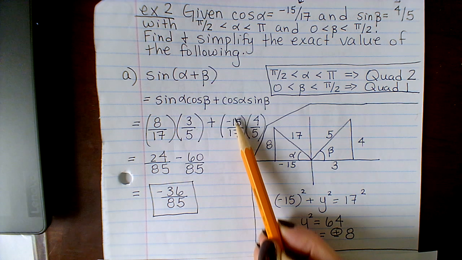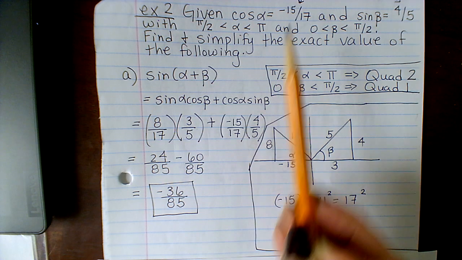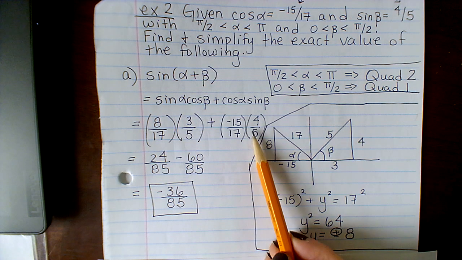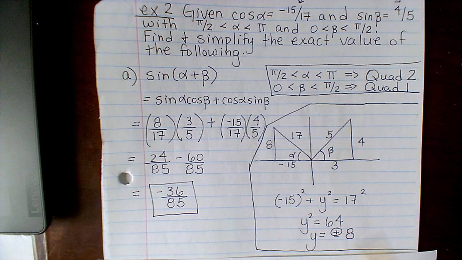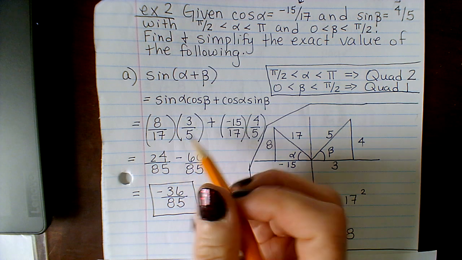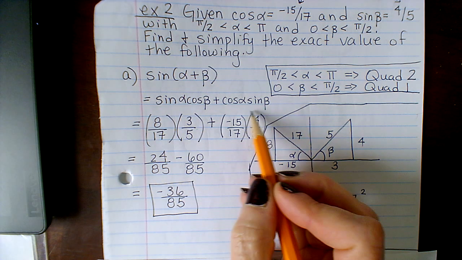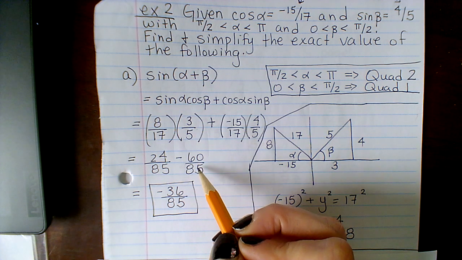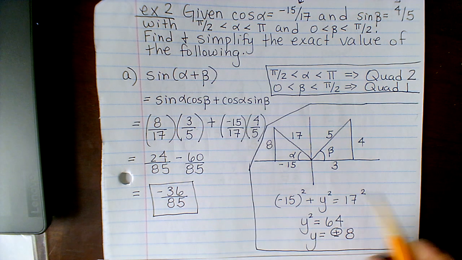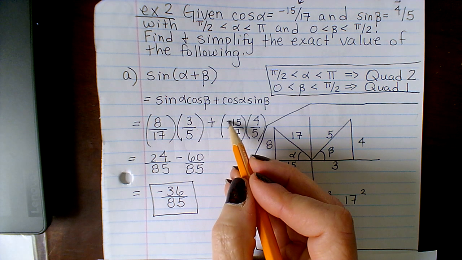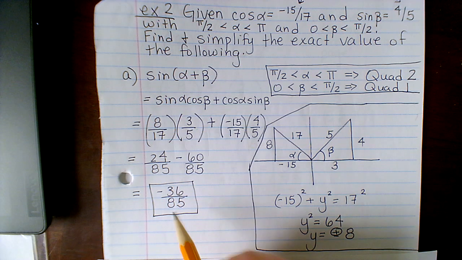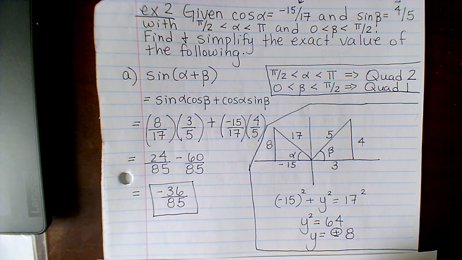Plus, cosine alpha was given to us in the original problem up here, and sine beta also given to us in the original problem, or we could get them from the triangles, either way. Then just grab a calculator, multiply those 2 fractions, you get 24 over 85. Multiply those 2 fractions, you get 60 over 85. We're going to subtract those because of that minus right there. So we get minus 36 over 85.